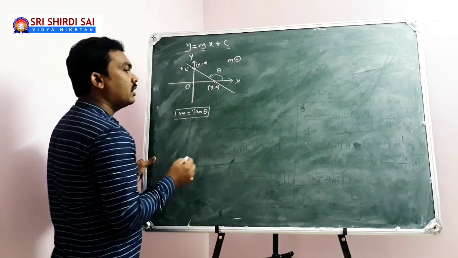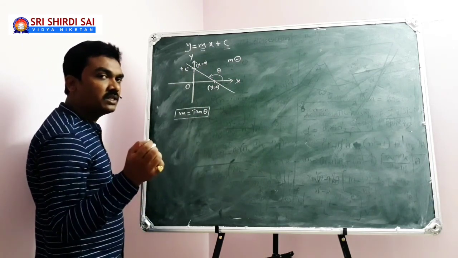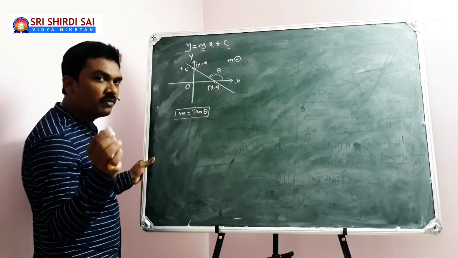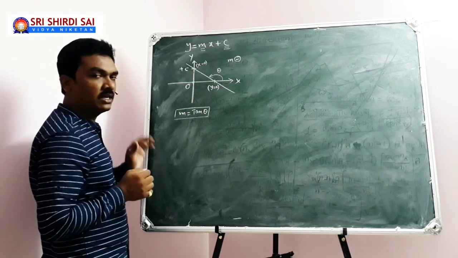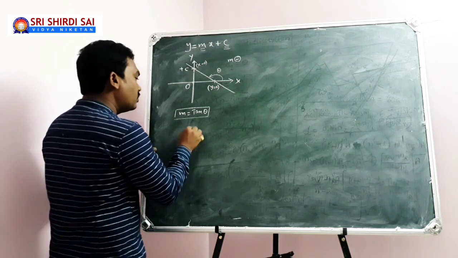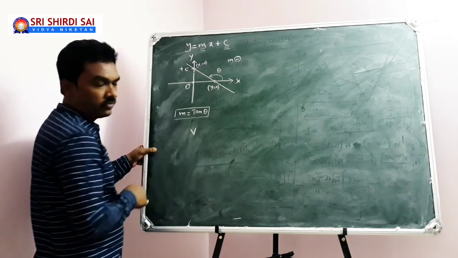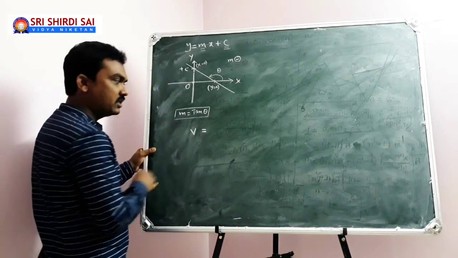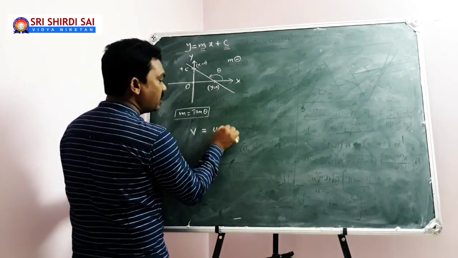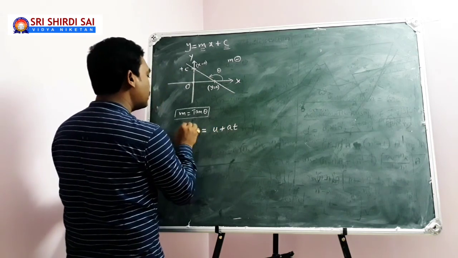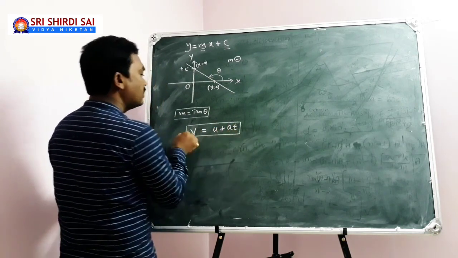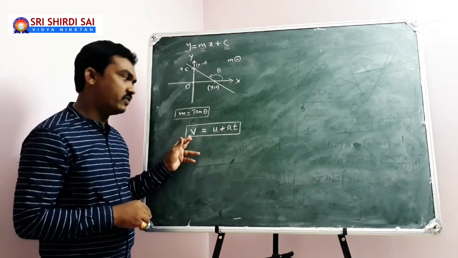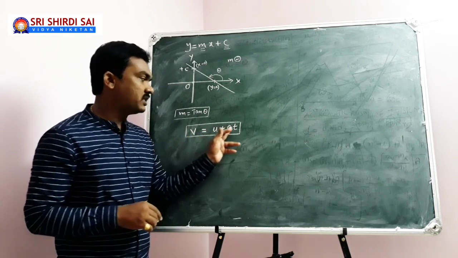If you are talking about equations of motion, hope you remember them, you can understand this graph easily with them. You know the velocity of a body moving with uniform acceleration is given by v equal to u plus at. Do you remember this? The velocity of a uniformly accelerated body at any instant of time is v equal to u plus at.